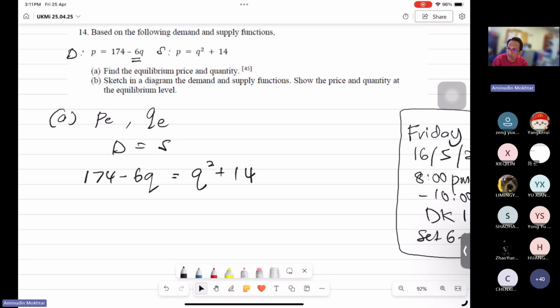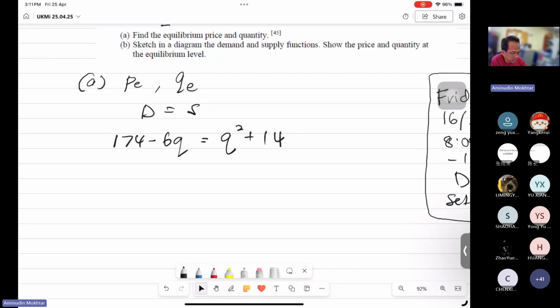Q is quantity. The demand function is linear, but the supply is quadratic. So now we have two types of equation here, linear and quadratic. At the equilibrium level, D equal to S. Now we can solve.